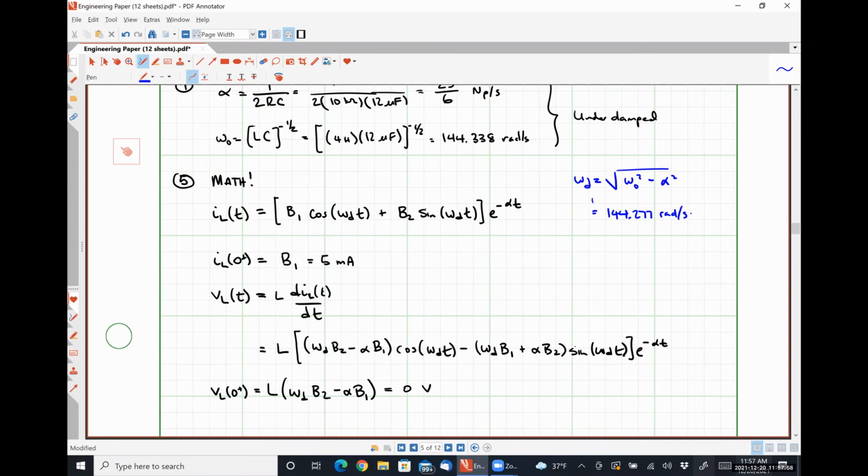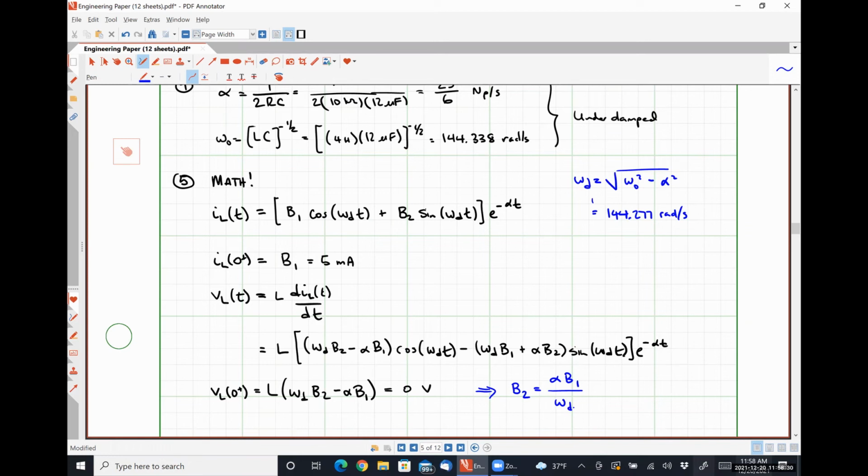And so I can say, let's do a little bit of math here, okay? So alpha times B1 will be equal to omega d times B2. So B2 for this guy right here will just be alpha B1 divided by omega d.